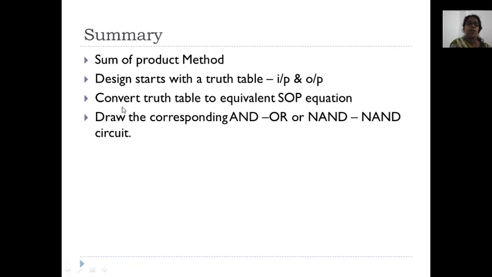First of all, we converted that truth table into an equivalent sum of product equation using 3 steps. My dears, please remember the steps. Locate high outputs, write the corresponding fundamental products, and third step, take the sum of all the products. And then we drew the corresponding AND OR or NAND circuit.